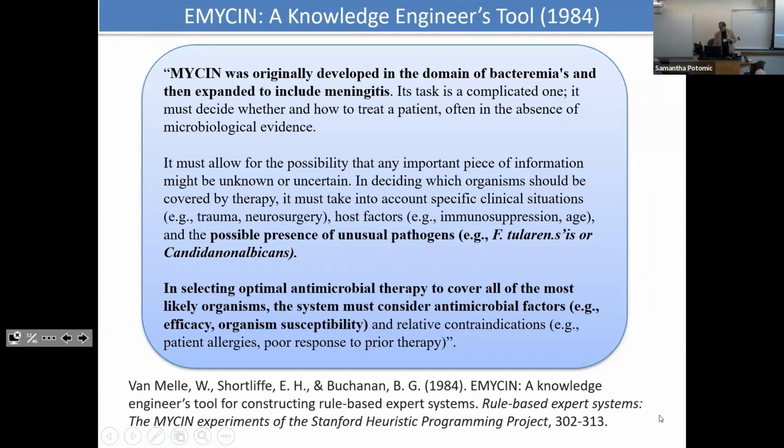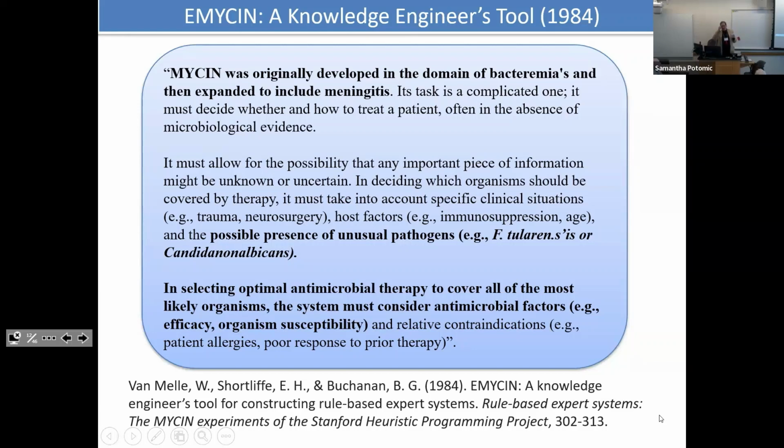So MYCIN was originally developed in the domain of bacteremias and then included meningitis. Okay. What this is, is backward chaining, if you can think of what backward chaining is.